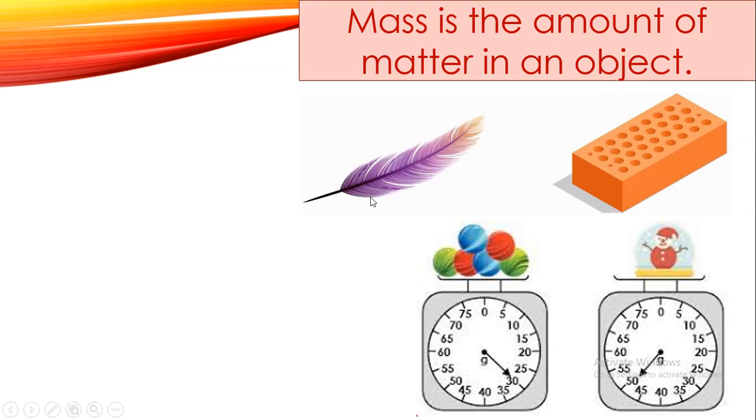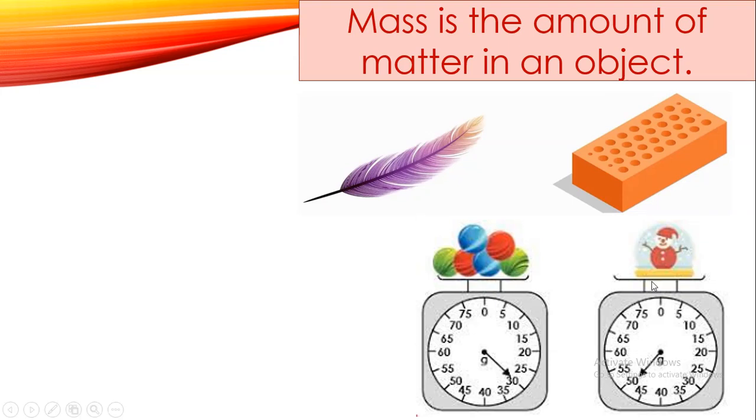You will answer that the brick has the bigger mass, and that's correct. Why is that? Because it has more amount of matter in it. So the brick is heavier than the feather because it has more mass. It has more amount of matter.